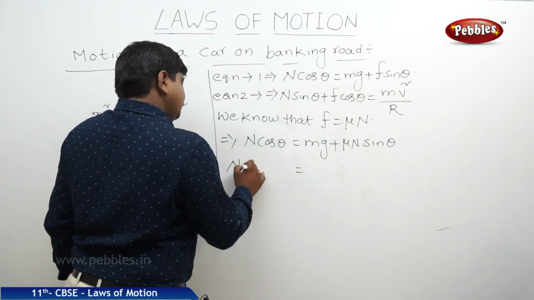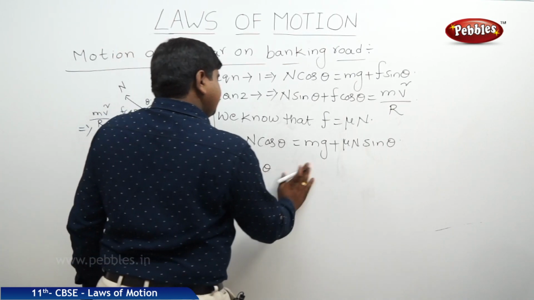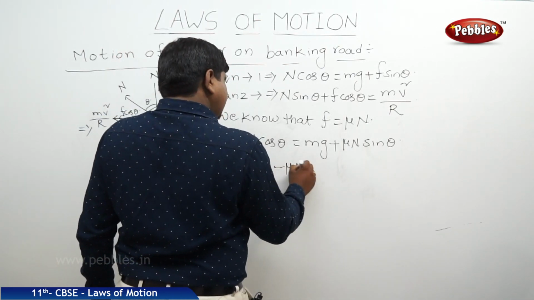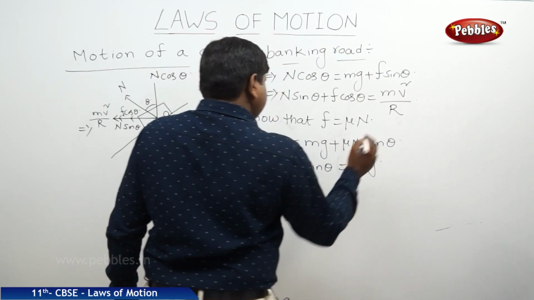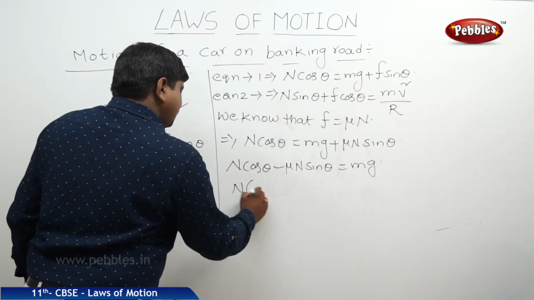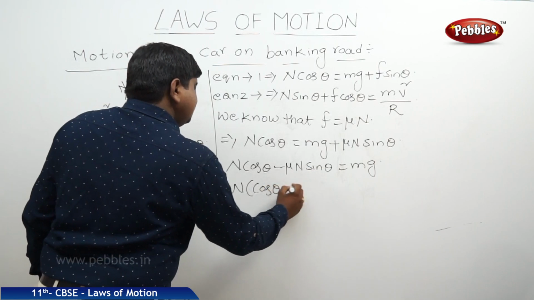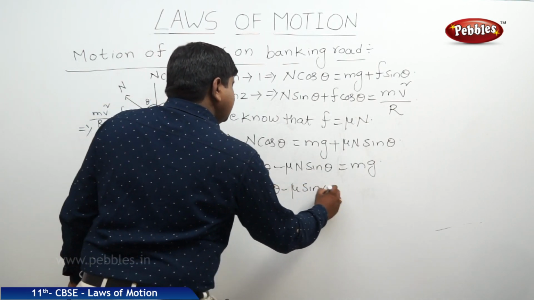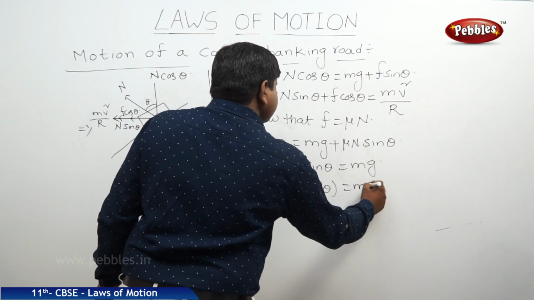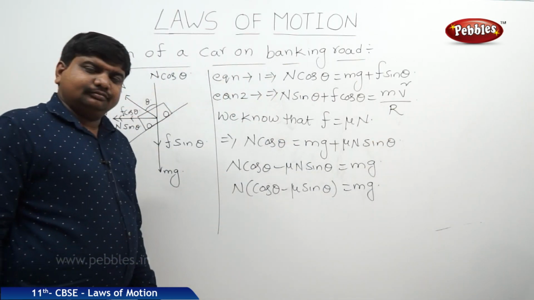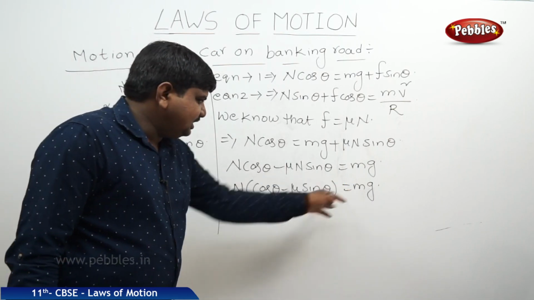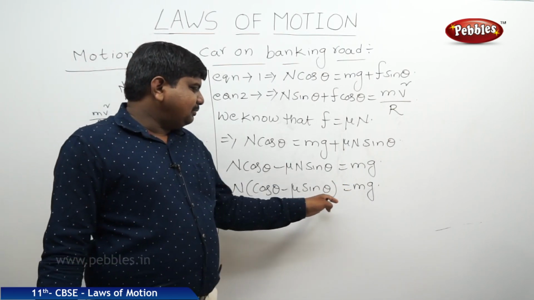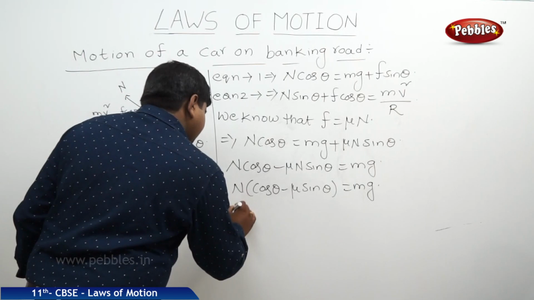Therefore, n cos theta minus mu n sin theta is equal to mg. If you take n as common, n times cos theta minus mu sin theta is equal to mg. Therefore, g is equal to n of cos theta minus mu sin theta by m.